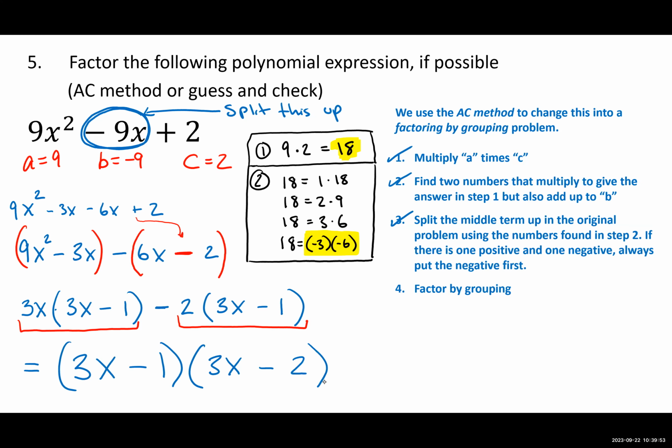So 3x minus 1 times 3x minus 2. And you could always check this. Make sure this is equal to the original problem. Multiply it out, FOIL it out, first times first, outer times outer, inner times inner, last times last. You will get 9x squared minus 9x plus 2. You'll get the original problem.